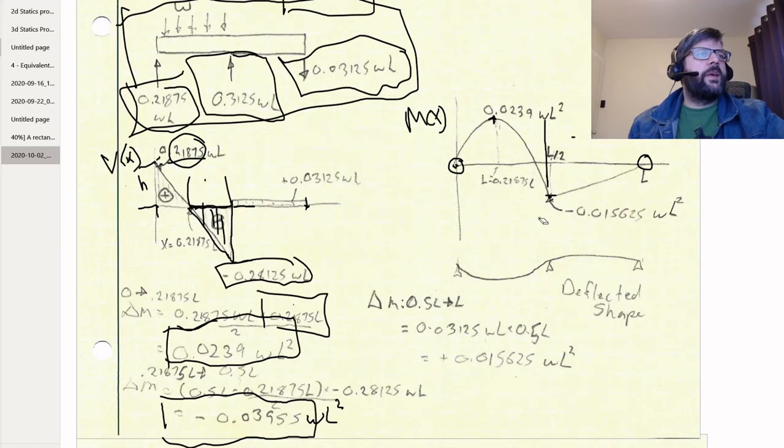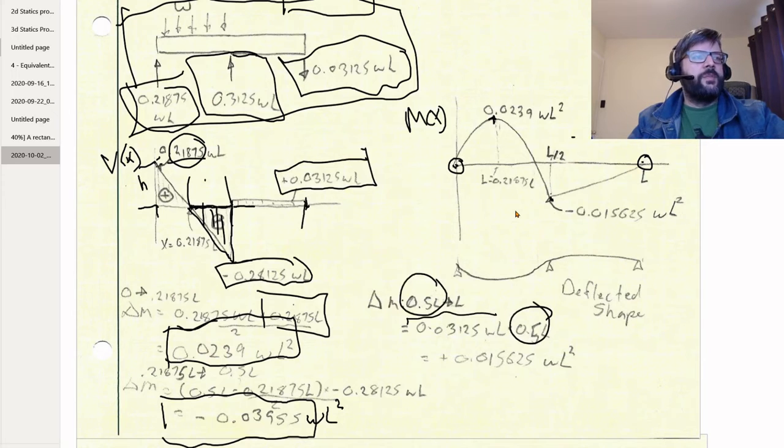Okay, so we got that, and then we're just in the home stretch here, basically. So from there to there, the change is going to be equal to this amount times this distance here. So 0.5L is the distance, and the magnitude of the shear there is 0.03125 WL.